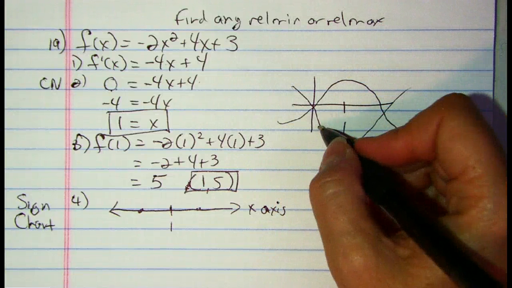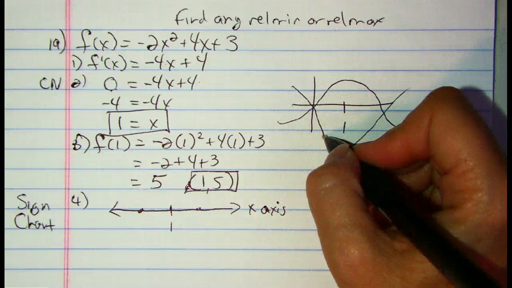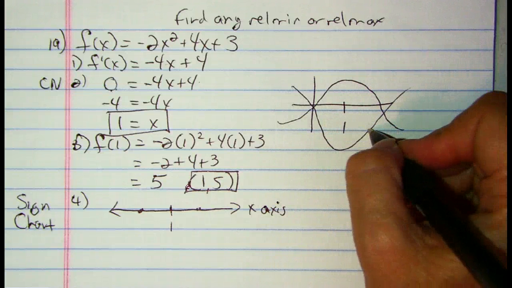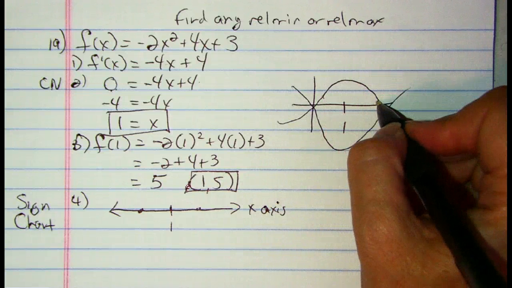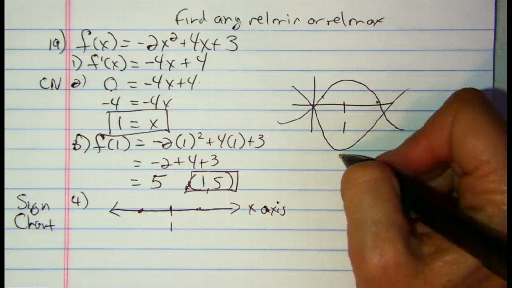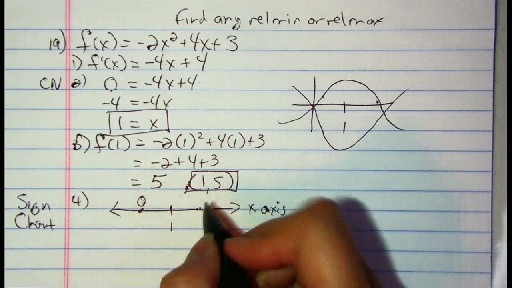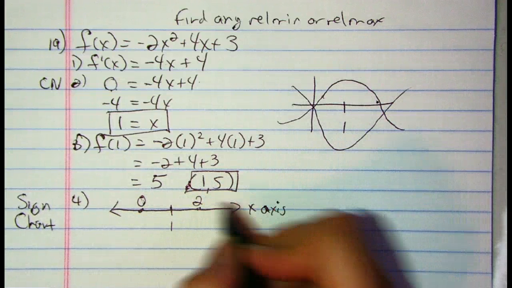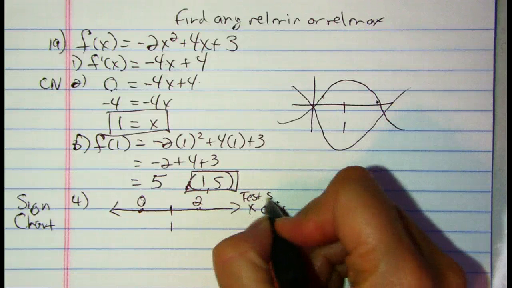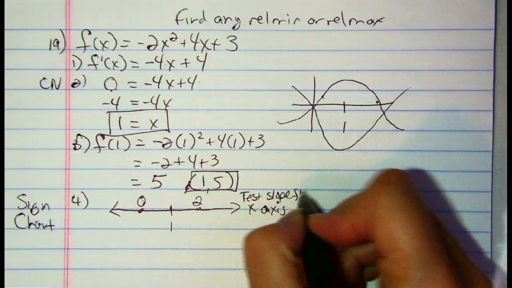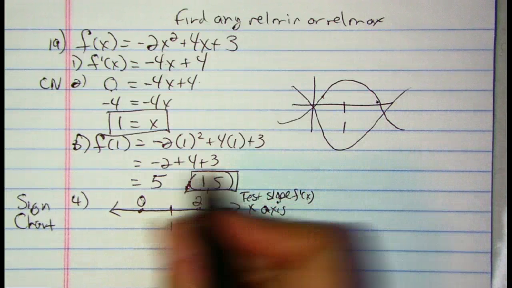So on one side the slope is negative, on the other side it's positive, or the reverse, which will determine if it's a max or a min. So for test values, anything less than 1 would be 0, anything above 1 I'm going to choose easy test values. So this is to test slope, and this is my critical numbers down here.